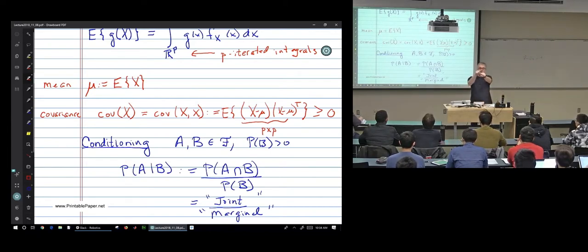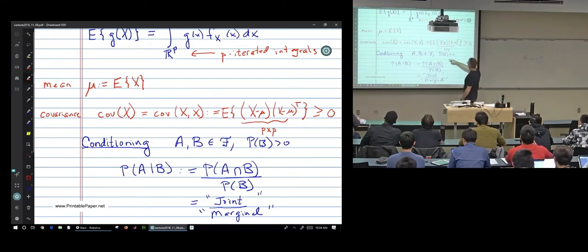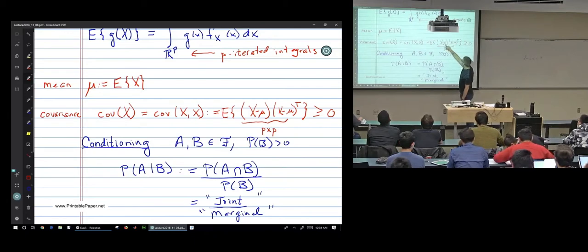So that's the spread. Your points are kind of a cloud here, and that's the spread, the variance. You'd like that to be small if you have a good estimate. In principle, it's the average value of x minus the mean, times x minus the mean transpose.